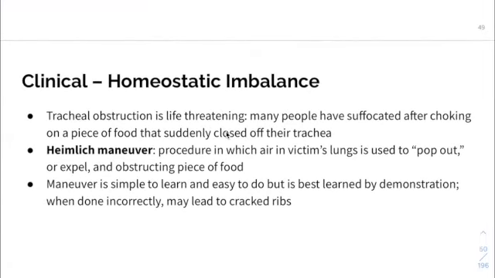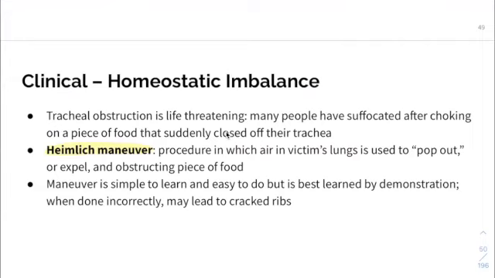So if you've ever seen somebody choke on something, something goes down and closes off the trachea. That is where the Heimlich maneuver is beneficial.